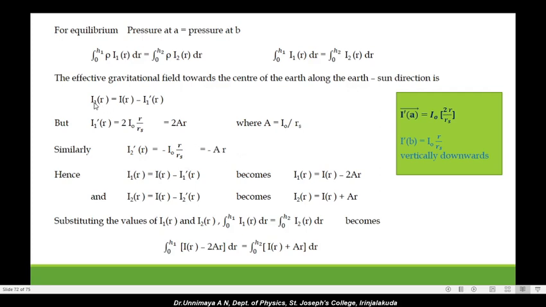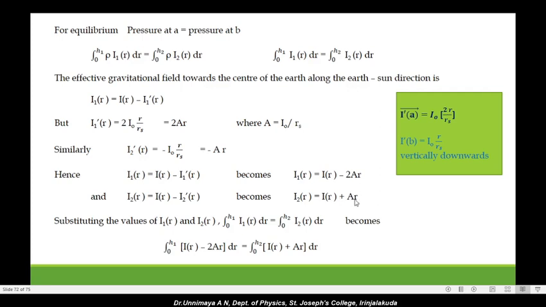Then what will be I1 of r? I1 of r is equal to I of r minus I1 prime r. Substitute for I1 prime r. Then we will have I1 r is equal to I of r minus 2AR. Similarly, what will be I2 r? I2 r is equal to I of r minus I2 prime r. Substitute for I2 prime r. Then we will have I2 r is equal to I of r minus AR, that is I of r plus AR.